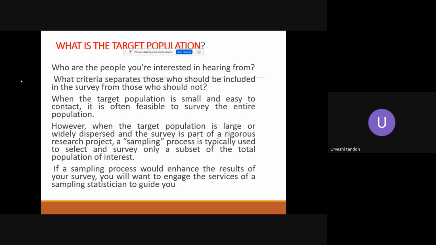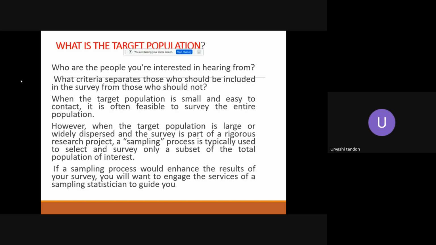So when the people are difficult to locate, it's better you go for a census study or survey the entire population. However, when the target population is large, let's say I want to conduct research on people who take the help of chatbots for online shopping, the respondents are unknown.